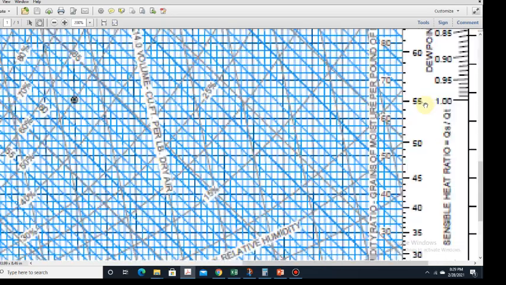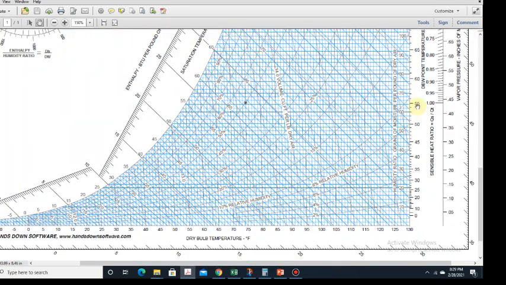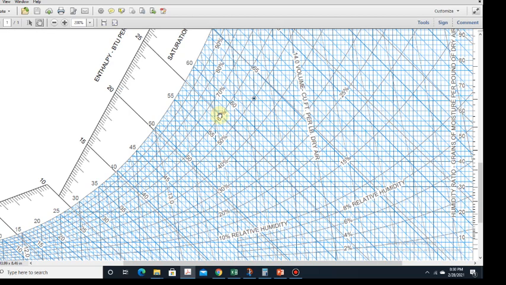So the dew point temperature is 55 and the humidity ratio is between 60 and 70, that we can say is 65. And this is the line for the dew point temperature. Here it is 50, and here it is 60.